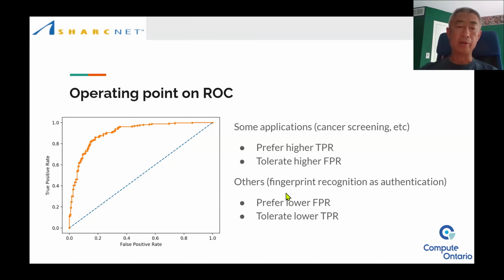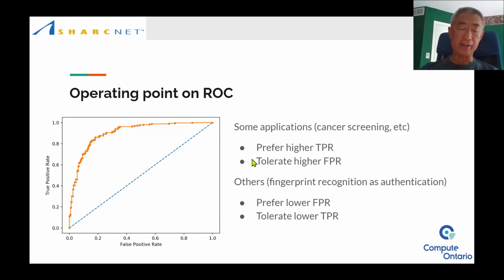So we can plot the ROC curve by gradually increasing the threshold from the smallest to the largest, and we can get a sequence of false positive and true positive rates, and we can plot the curve like this.